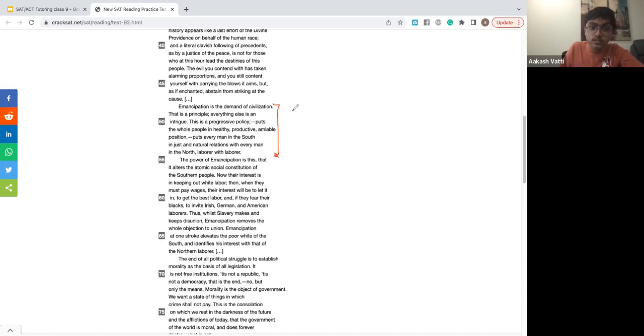So basically, good relations between people in the South and the North, and plus emancipation, which is the freeing of slaves.